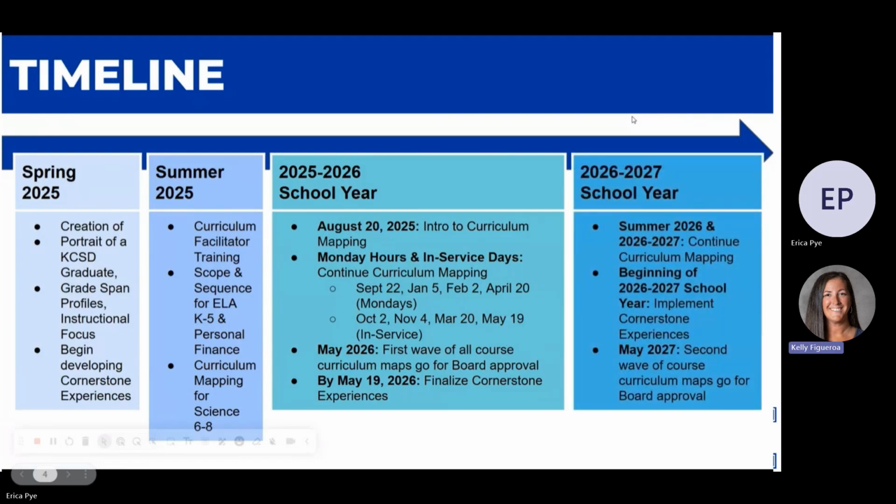During the 2026-2027 school year, we will bring those cornerstone experiences to light and continue curriculum mapping across all subjects. Between March and May of 2027, the second wave of maps will move forward for board approval. Our timeline respects that different grade levels and subjects may need more or less time.